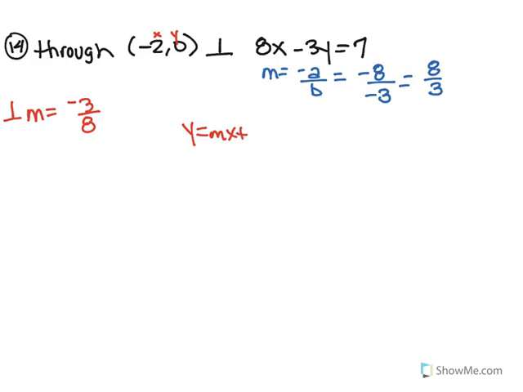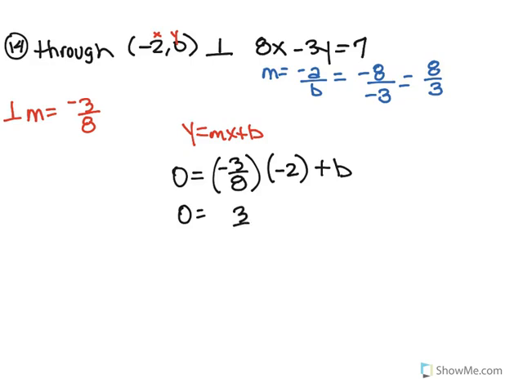So now we take this good information, find B. We got 0 equals -3/8 times -2 plus B. So when you multiply that, that's going to give you a reduced fraction of what? 6 over 8, but it reduces to what? 3/4.